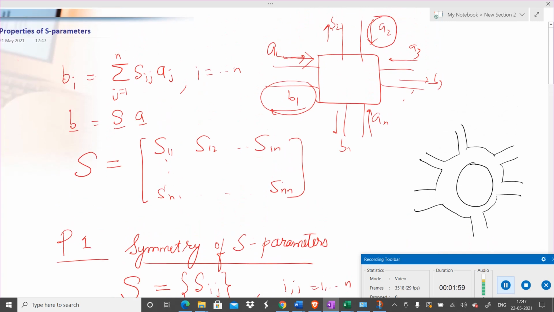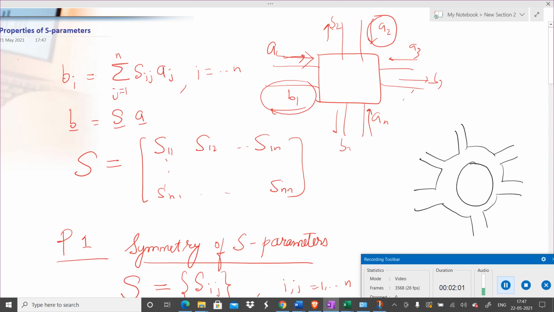So I have here shown this in this diagram. Let's say there are n ports. Let's take the circular example, it is more interesting. Suppose this is the port where we feed an electromagnetic wave, suppose a TE wave, and the input wave is represented by the symbol A, and the reflected one will always be represented by B. So at every port we will have two components.